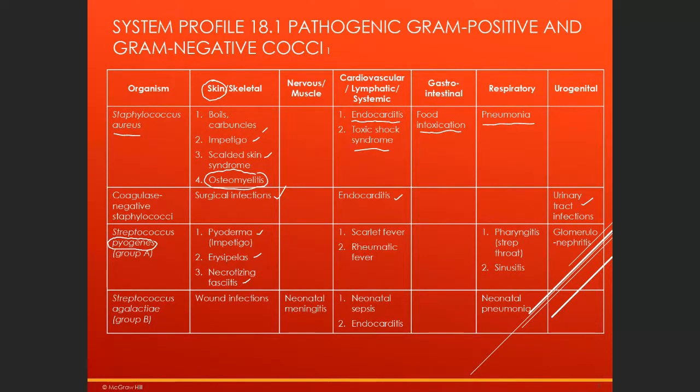under the skin, okay, and it can also cause scarlet fever, rheumatic fever, pharyngitis, which is common in children, sinusitis, and it can go to the kidney. It can cause glomerulonephritis.